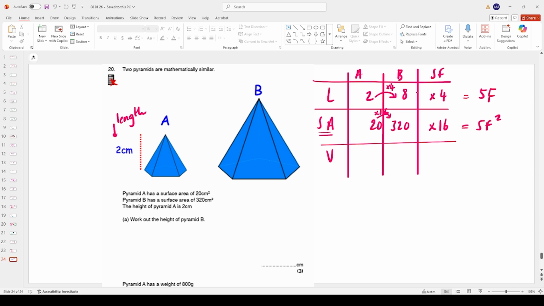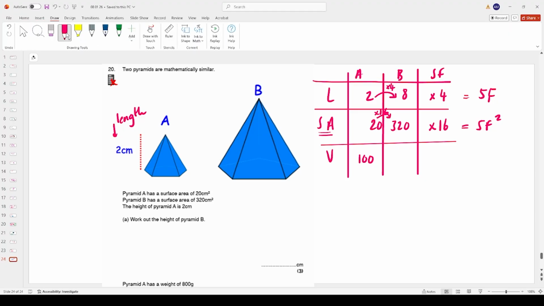So if, let's say for example, the volume was 100, what would be the volume of B? In fact, let me put another color so you can see it. So that's times by 16.